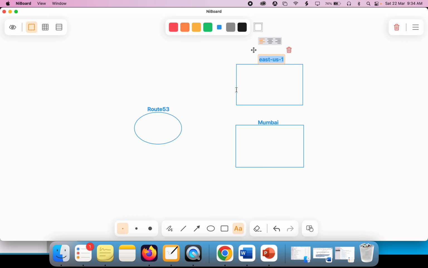Let's say we have load balancers inside each of them, and after that we have instances over here. Similarly, we have load balancers and instances deployed over here. So this is LB, this is LB, and this is the instance, the EC2.